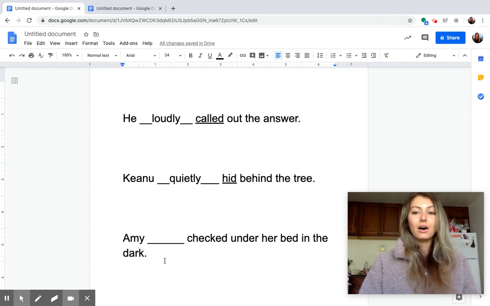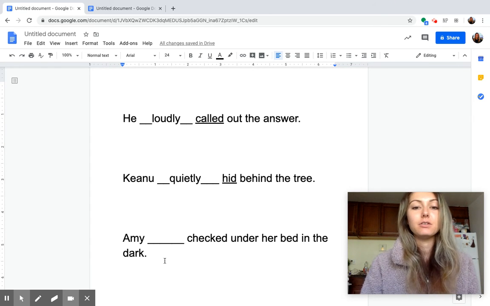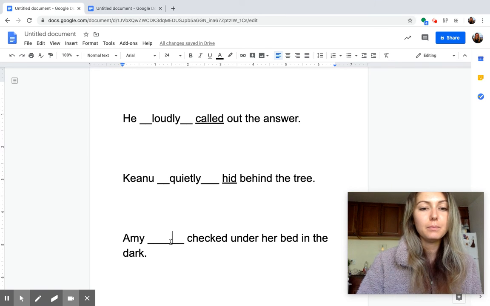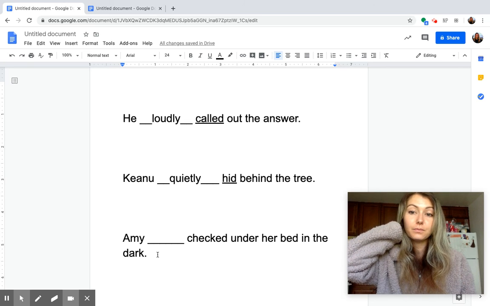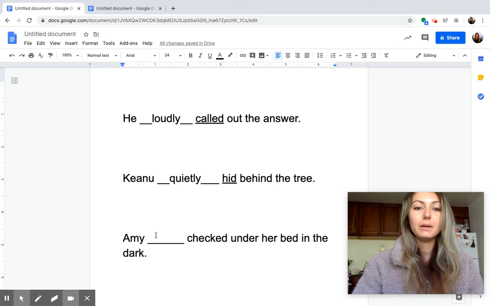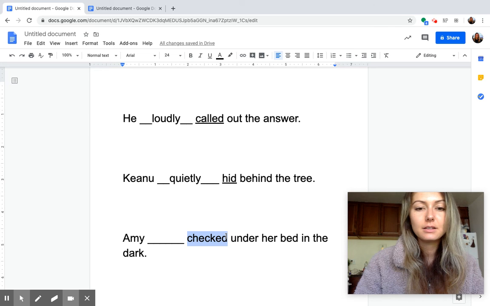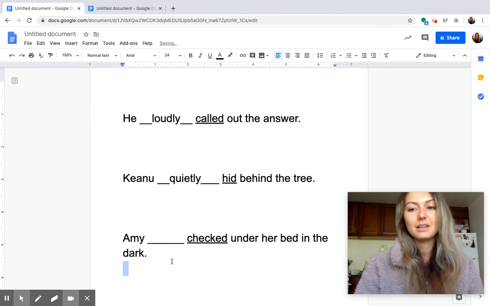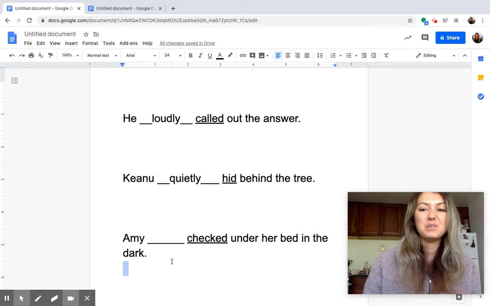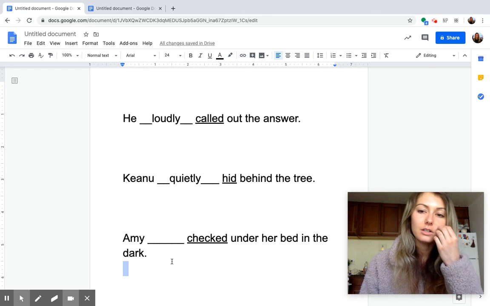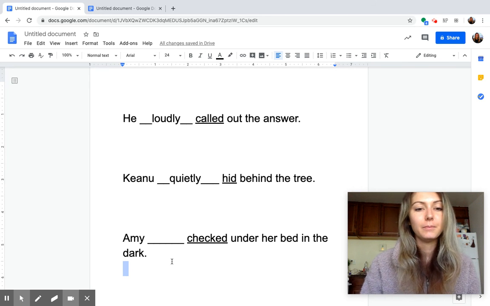Okay. Our last example to write down in your composition book says Amy blank checked under her bed in the dark. So we're describing how Amy checked under her bed. That means like she looked really quickly. Maybe she heard a noise and it scared her and she just wanted to quickly look under her bed.